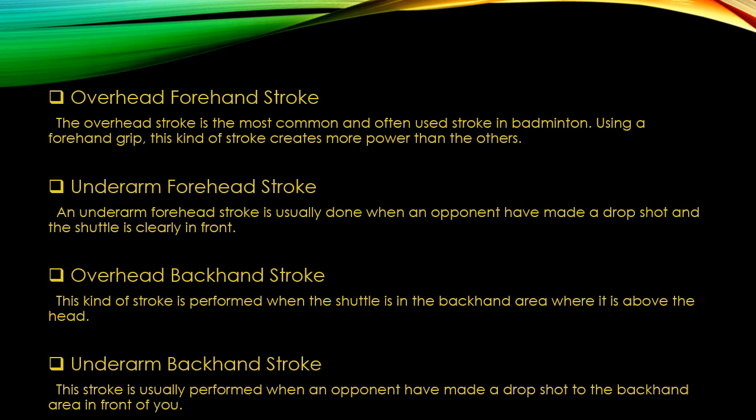The overhead forehand stroke is the most common and often used stroke in badminton. Using a forehand grip, this kind of stroke creates more power than the others. An underarm forehand stroke is usually done when an opponent makes a drop shot and the shuttle is clearly in front.